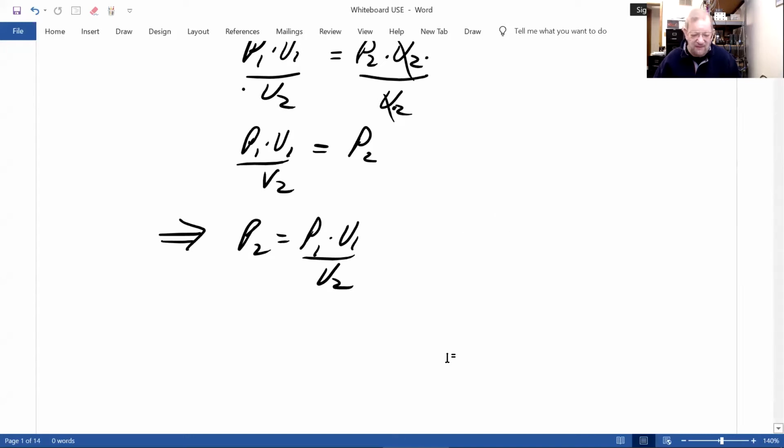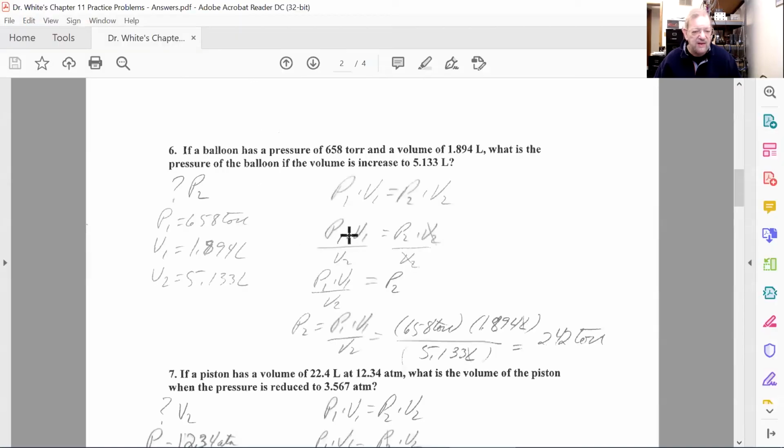Now, if we go back to the problem, oh, look, I got it right. And the nice thing about finding out what P1, V1, and V2 are in the beginning is, once you get this done, all you gotta do is plug in the numbers. P1 is this number, V1 is this number, and V2 is this.